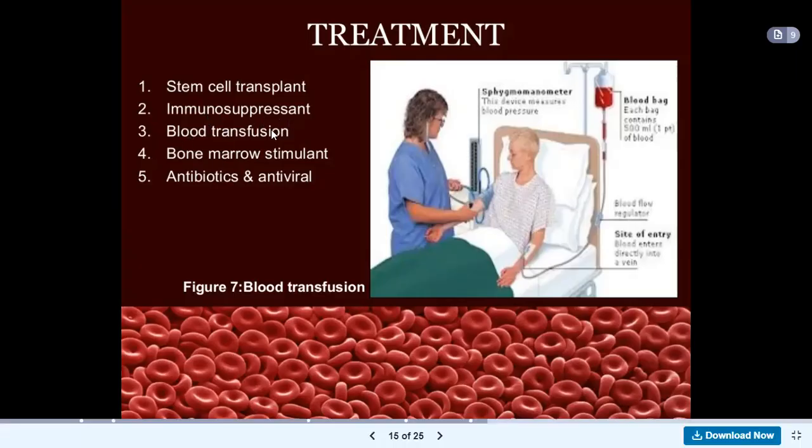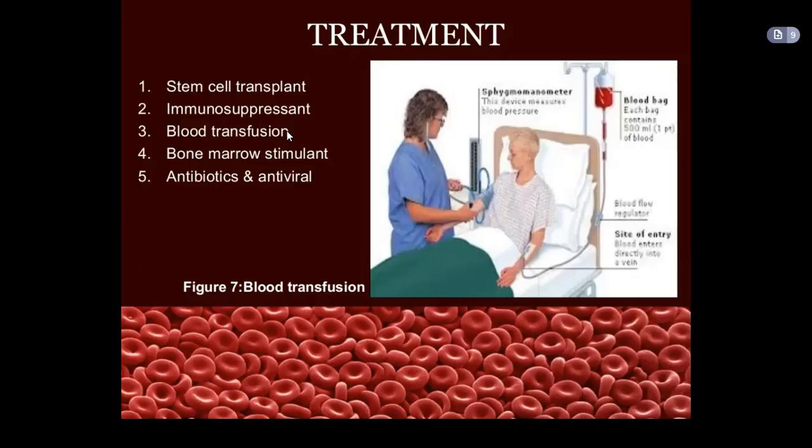Sometimes you do a blood transfusion. So since the patient is lacking red blood cells, white blood cells, and platelets, you could get somebody else to donate blood. You can do blood transfusion of packed red cells to the patient to help the patient survive.